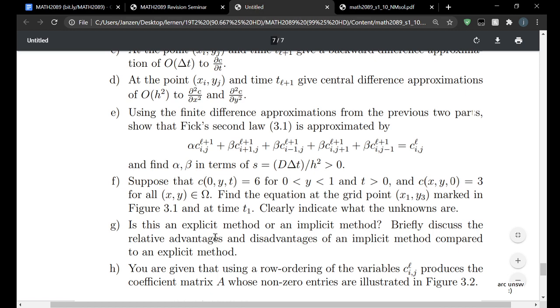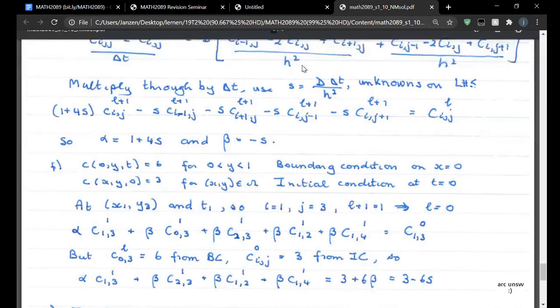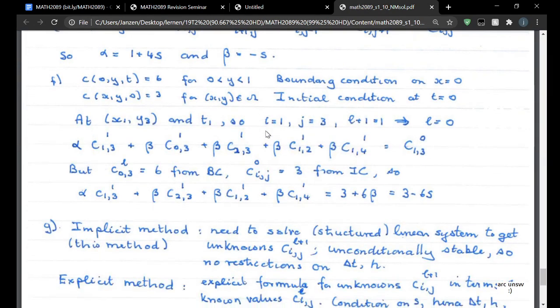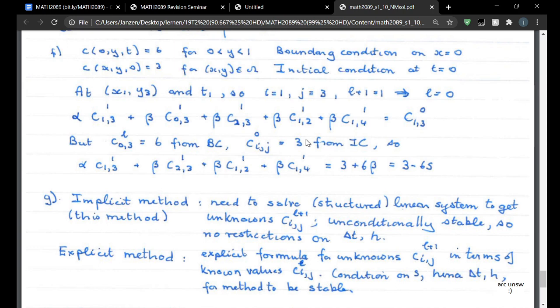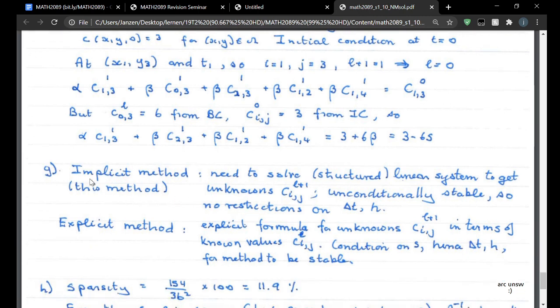So is this an explicit method or implicit method? Briefly discuss the relative advantages and disadvantages. So explicit meaning that the method is direct, so it looks for future iterations using previous iterations. For implicit methods, it's sort of indirect. The disadvantage of implicit methods is that we need to solve linear systems to get the unknowns, but it's advantageous in that it's unconditionally stable, so there are no restrictions on the step sizes for the space and time domain.